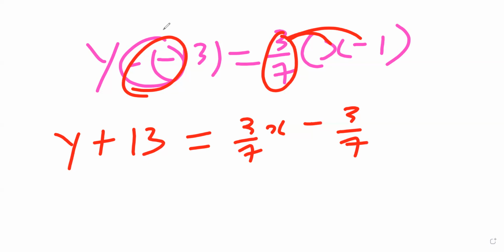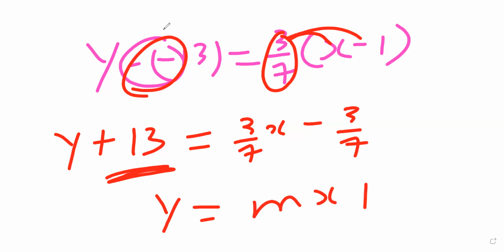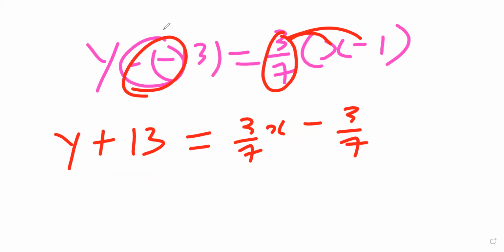What we need to do now is get rid of this 13 so that the y is by itself in the equation. What's the opposite of a positive 13? The opposite of this positive 13 would be negative 13.